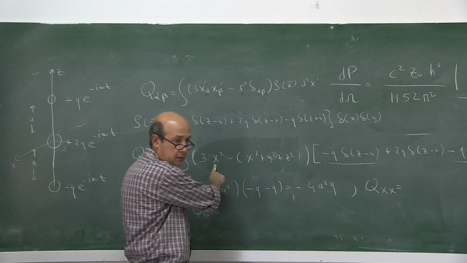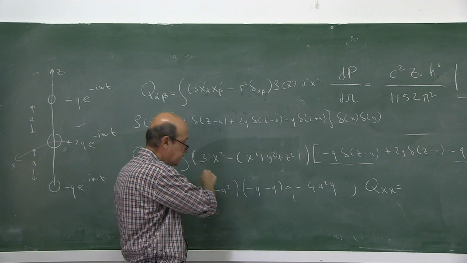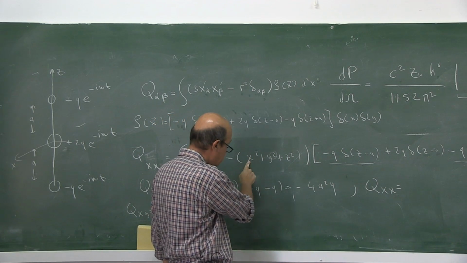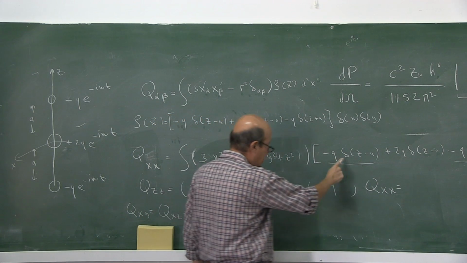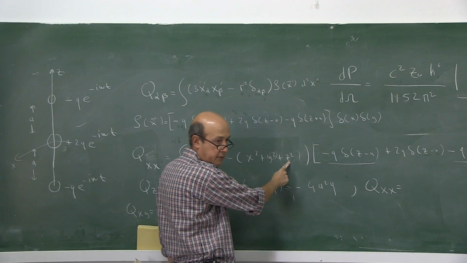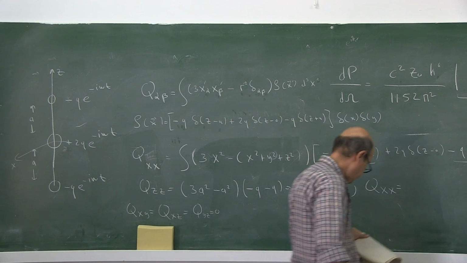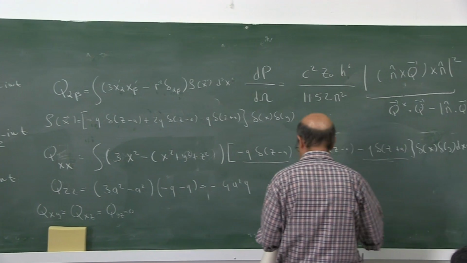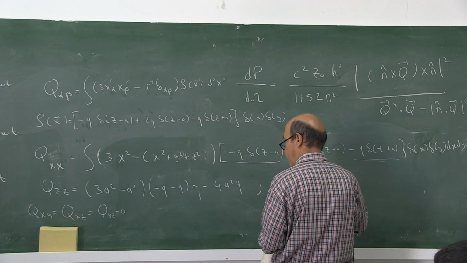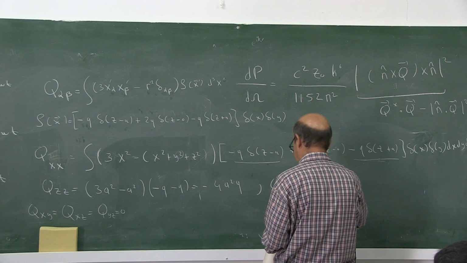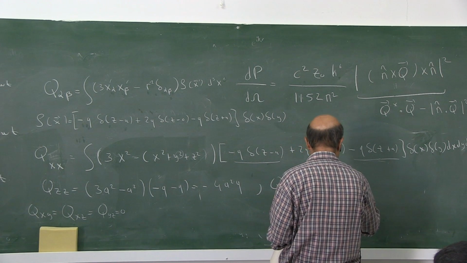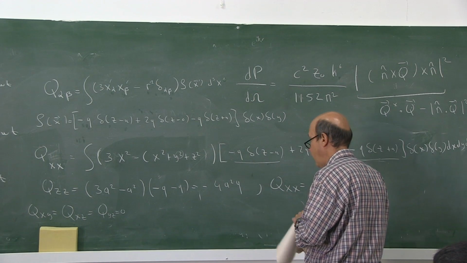If you take this one, the delta x integral will bring you 0. This one also 0, this one is 0. For that integral, z minus a, this will be the only surviving term. So you will particularly obtain minus q minus a square times q for the first one.